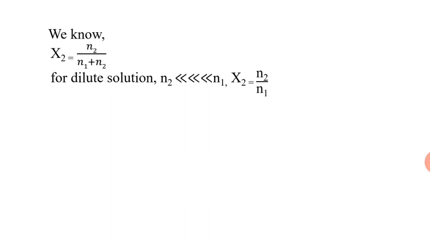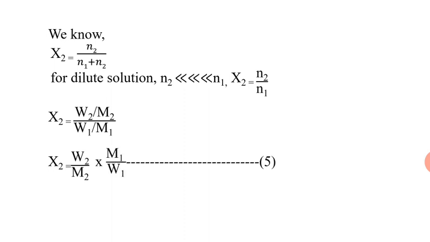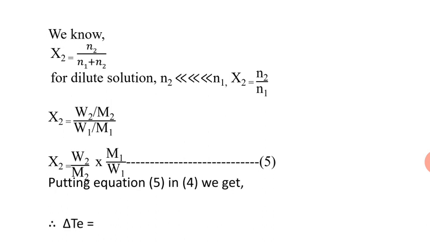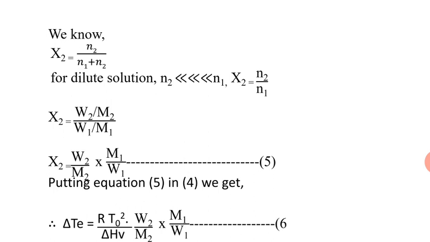Therefore, x2 is equal to n2 by n1, which is w2 upon M2 divided by w1 upon M1. Therefore, x2 is equal to w2 upon M2 into M1 upon w1, equation number 5. Putting equation 5 in equation 4, we get delta Te is equal to R T0 square upon delta Hv into w2 upon M2 into M1 upon w1. This is our equation number 6.